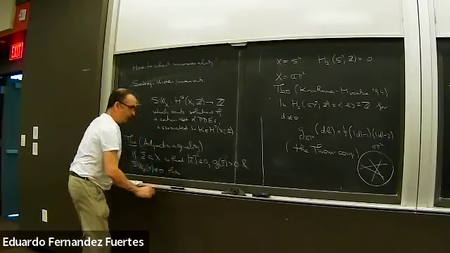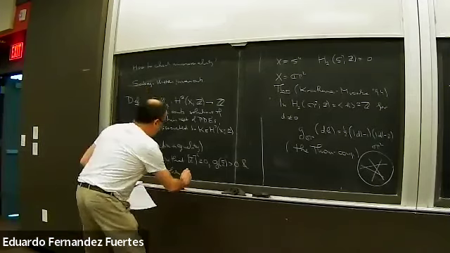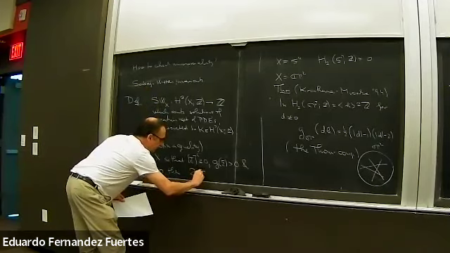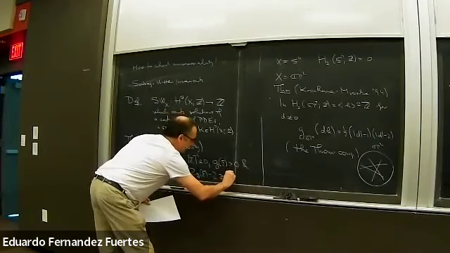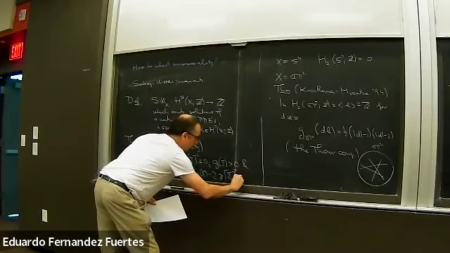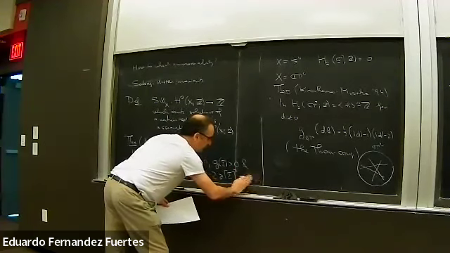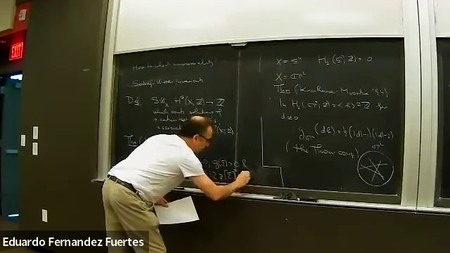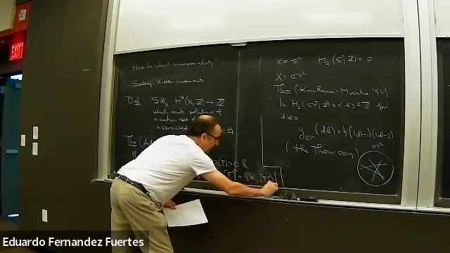Because if we have such a situation, then the formula goes as follows: 2g(sigma) minus 2 is at least the self-intersection plus the evaluation of K on sigma, in absolute value.